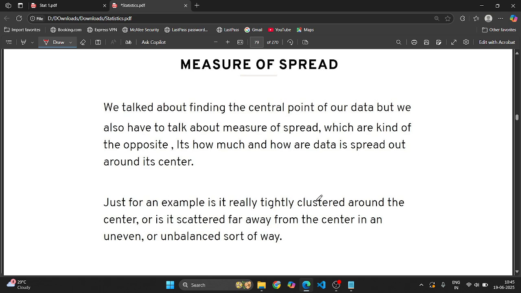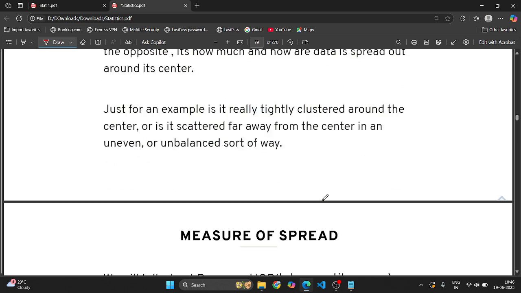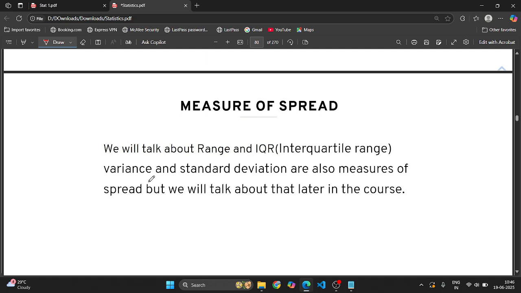For example, is it a really tight cluster around the center, or is it scattered far away from the center in an uneven or unbalanced way? We will talk about the range and interquartile range. Variance and standard deviation are also measures of spread, but we will talk about them later in the course.